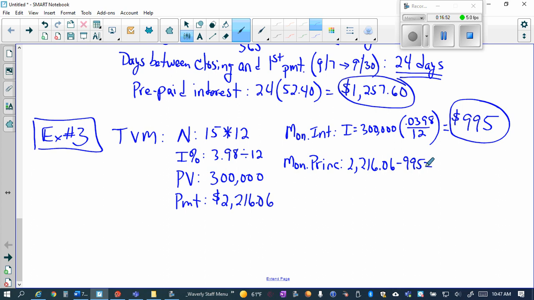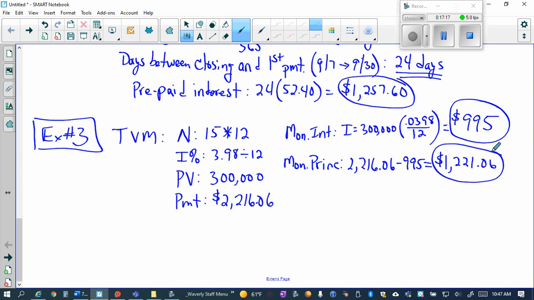And the rest will be the principal part of that. And that's $1,221.06. There we go. So our first payment of $2,216.06: the portion of that which is interest is $995. The portion of that which is principal is $1,221.06.